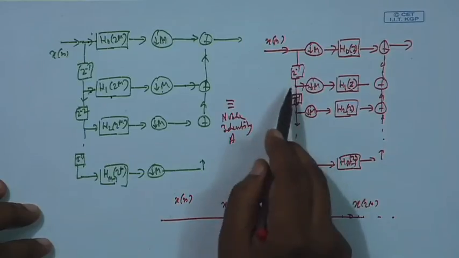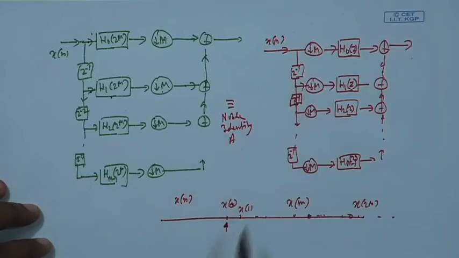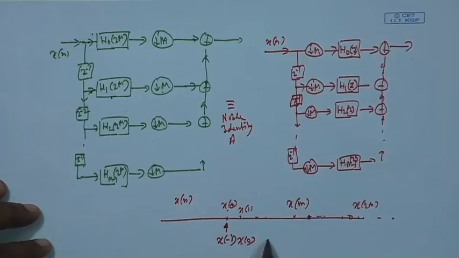If you delay it first with the Z inverse and then decimate, x 0 will go here, x minus 1 will come here, x m minus 1 will come here, this is the mth point, and you have all the other data.